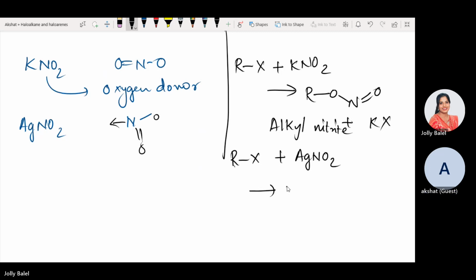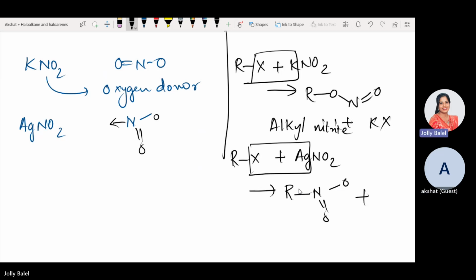RNO2, and what will be the side product? RNO2 is your main product. Side product will be AgX. This is known as nitroalkane.